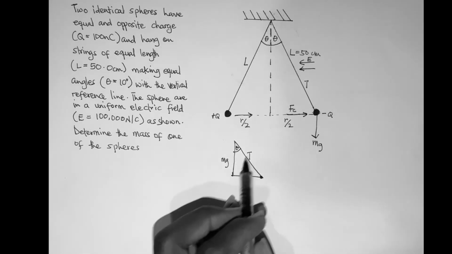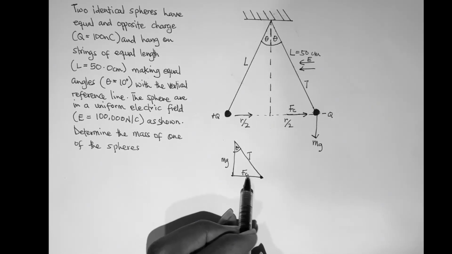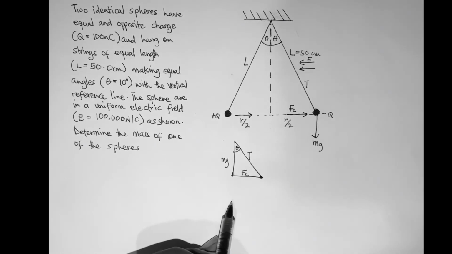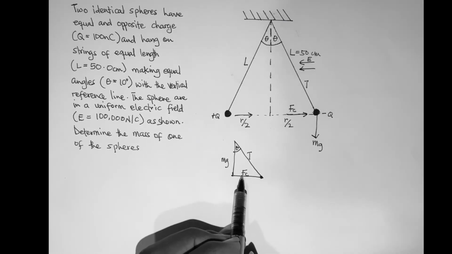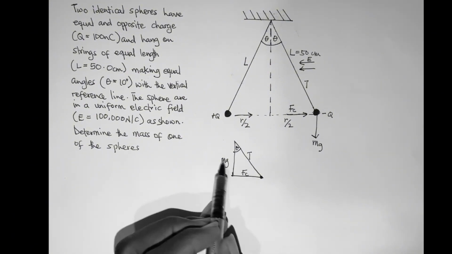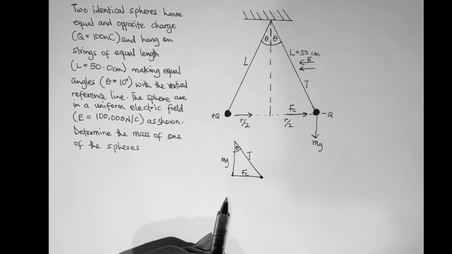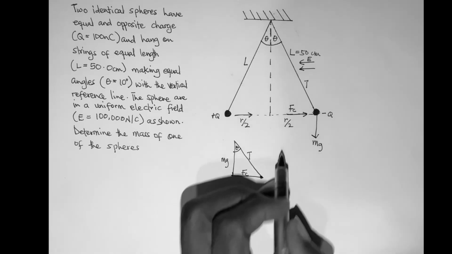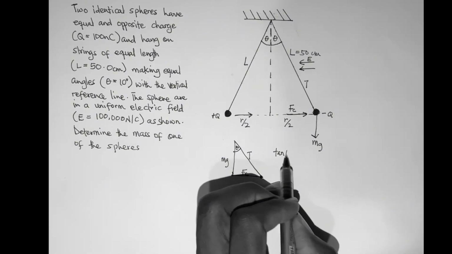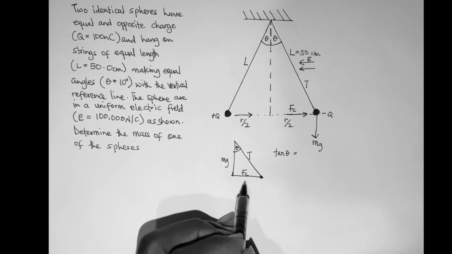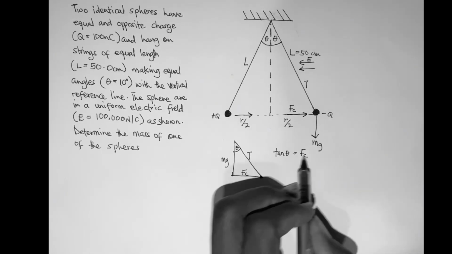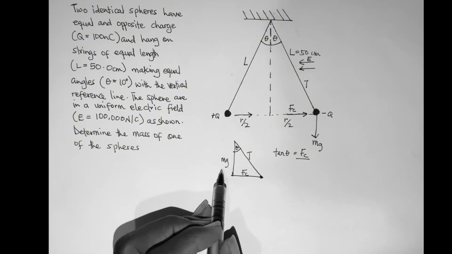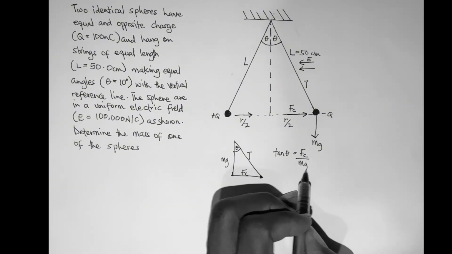But the question didn't say anything about the tensional force. It rather spoke about the weight and the Coulomb force. So we need to determine the relationship between the weight and the Coulomb force. Using tan, tan theta is equal to the opposite, which is Fc, the Coulomb force, divided by the adjacent, which is the weight, mg.